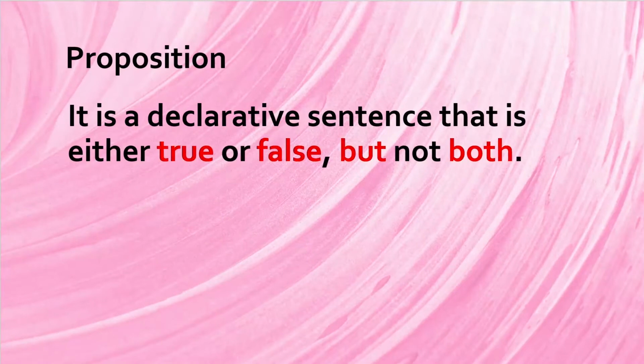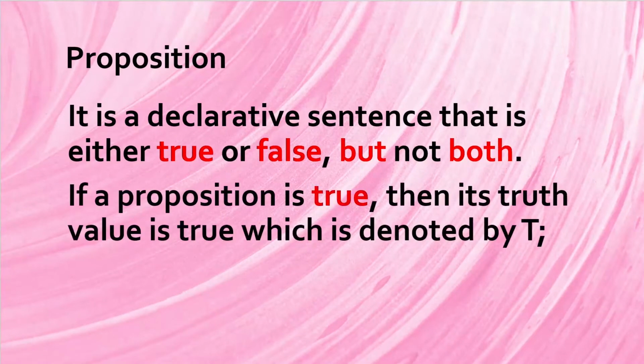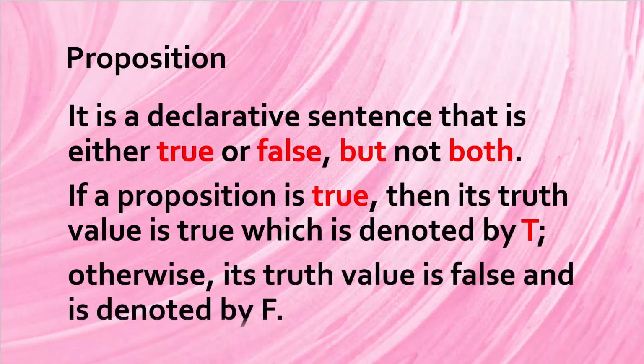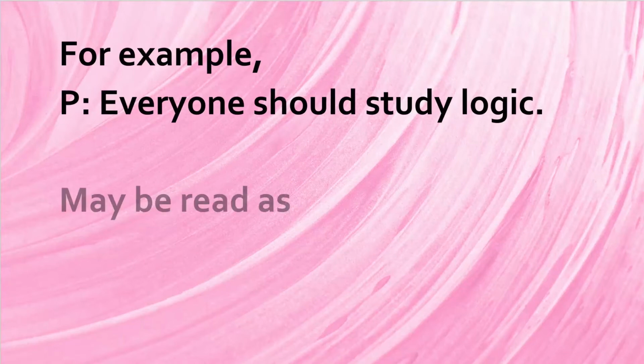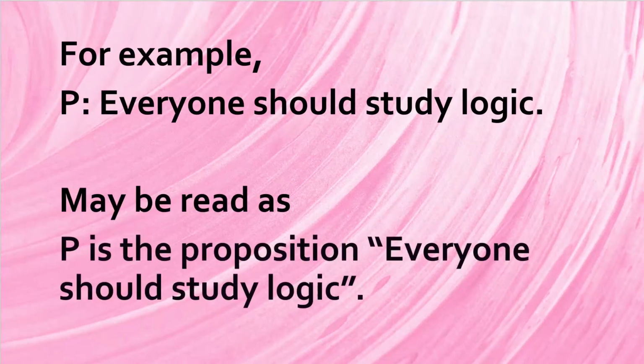If a proposition is true, then its truth value is true, which is denoted by the capital letter T. Otherwise, its truth value is false, and it is denoted by the capital letter F. For example, P: Everyone should study logic, may be read as P is the proposition "everyone should study logic."